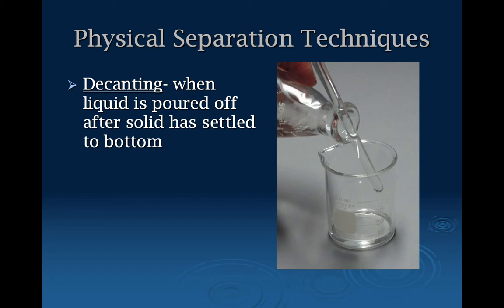I would take my Erlenmeyer flask and a stirring rod and place the stirring rod over the end of the flask. The water will flow out down the rod into the beaker, and the stirring rod would also help to keep the pebbles in the flask if they would happen to want to try to jump out of the flask. Pebbles left behind, water in the beaker. That's decanting.